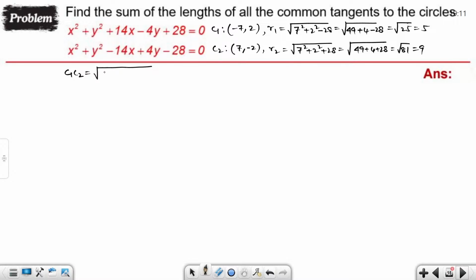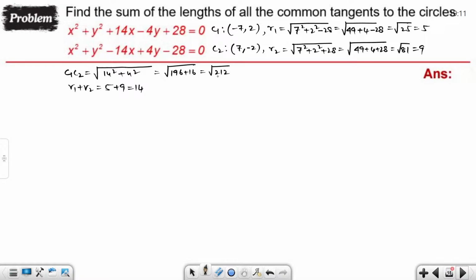Now we can see that the distance between their centers C1, C2 is, it's 7 plus 7, 14. So 14 square plus 4 square. So that gives us root 196 plus 16. That gives us 212, right? And what about your R1 plus R2? It's coming to 5 plus 9, that is 14, right?